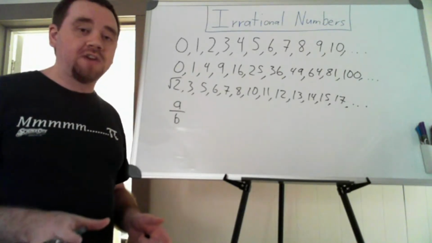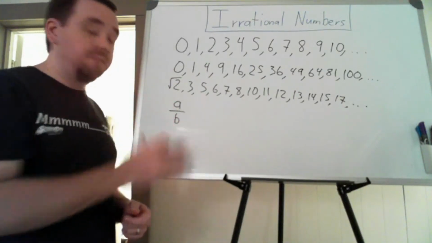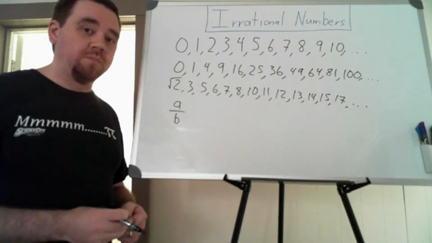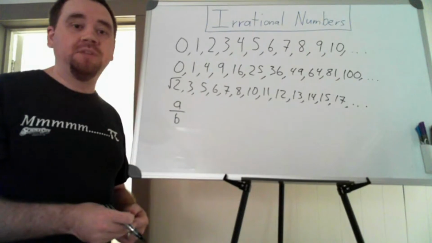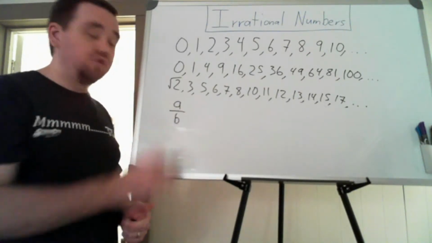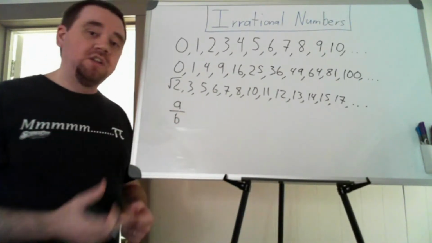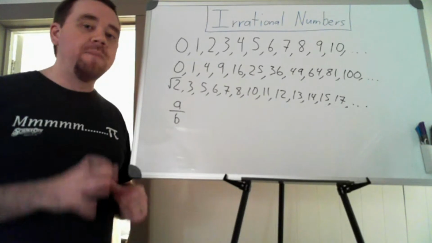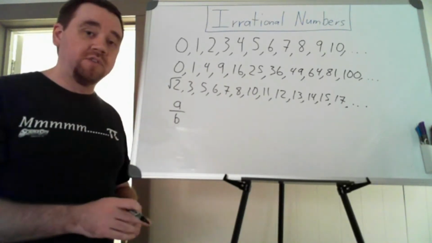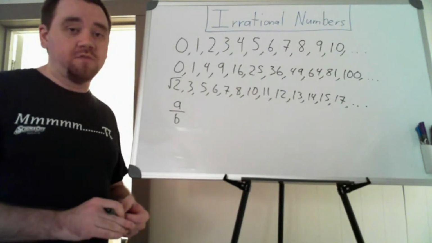We know that any fraction, any rational number, can be reduced to lowest terms, so let's assume a and b are already reduced to lowest terms. Because if it's not, we can just simply make that happen. It's a very easy process to reduce something to lowest terms. So assume that it's already there. So when we say that a fraction is in lowest terms, we're saying it has no common factors at all between the numerator or the denominator. But more specifically, we're saying there's no common prime factors.